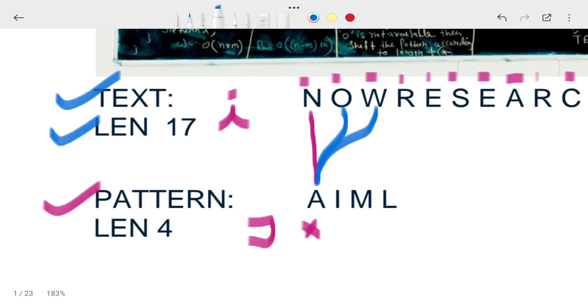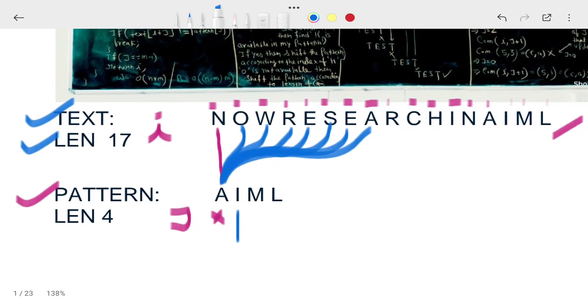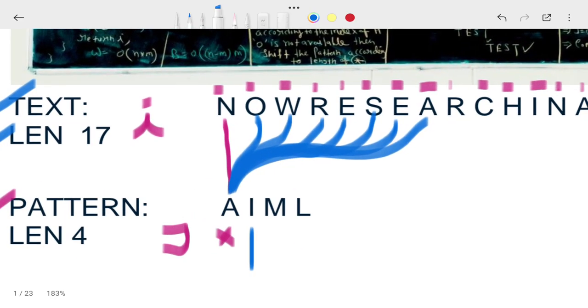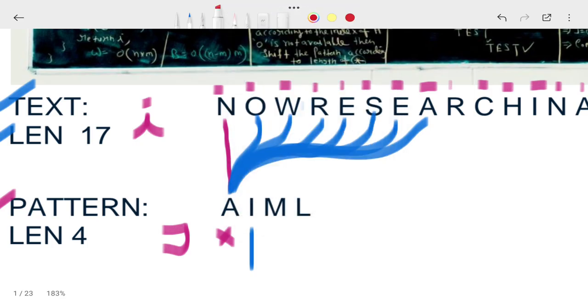No, i plus plus, no, i plus plus, no, i plus plus, no, i plus plus, yes, matching. So j plus plus. Now this i and this are not matching.